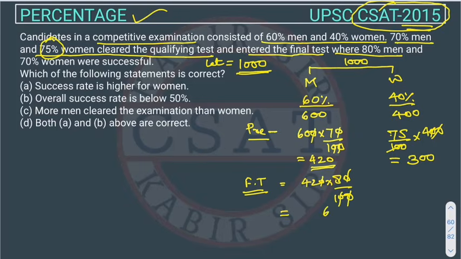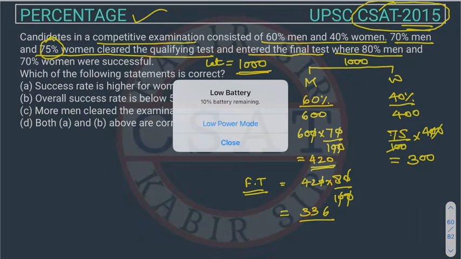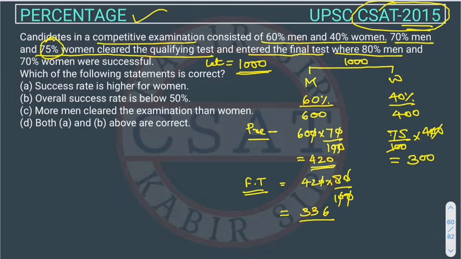So this will come out 336, right? I think I'm doing the right calculation. You can check. And from women, how many are clearing? 70% of 300. So this will come out 210 women. So this many women have cleared the exam, right?